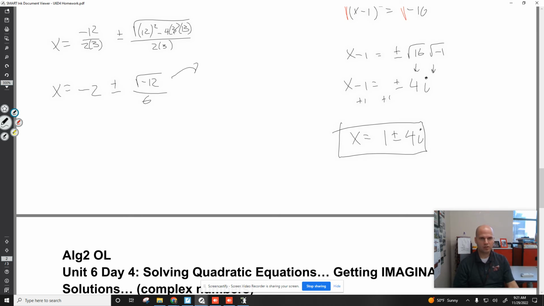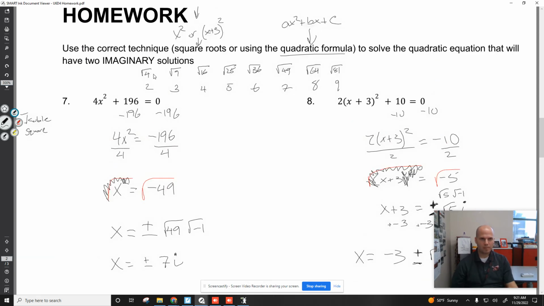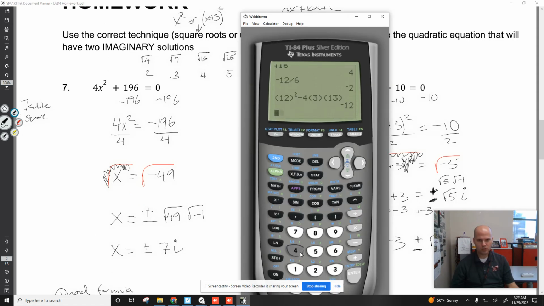All right, I'm just going to do work on the side. This is root 12, root negative 1. The square root of 12 is not one of these nice numbers. I don't see the square root of 12. I know 4 goes into 12, though. I know 4 times 3 is 12. 12 divided by 4 is 3.